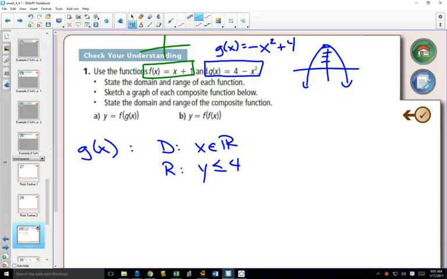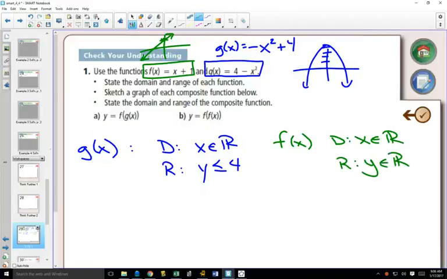How do you graph y equals x plus 1? Well, it's a line, y-intercept of 1, slope of 1. What do we know about domain and range of a line? The domain is everything. The range is everything.